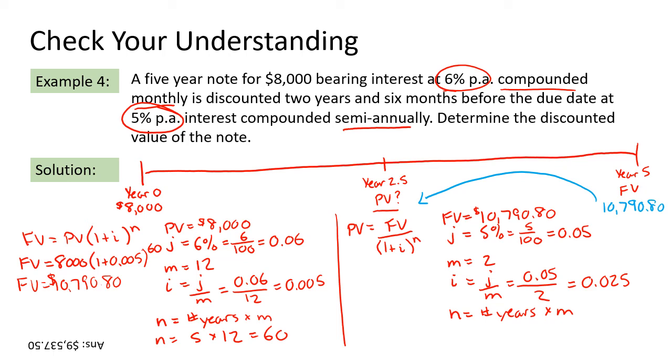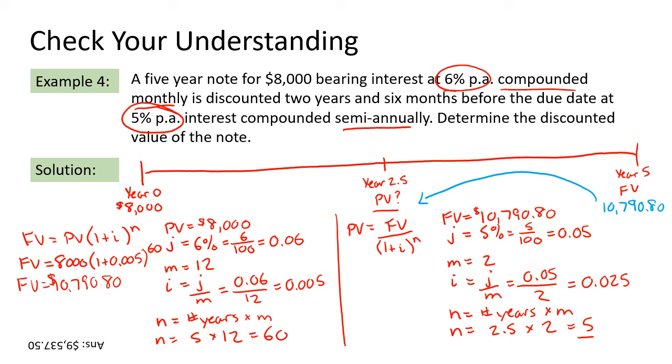So our number of years, remember it's discounted 2 years and 6 months before the due date. 6 months is 1/2 of a year, okay? So N is equal to 2.5 years multiplied by 2, because we have 2 compounding periods per year. That gives us a value of N of 5.